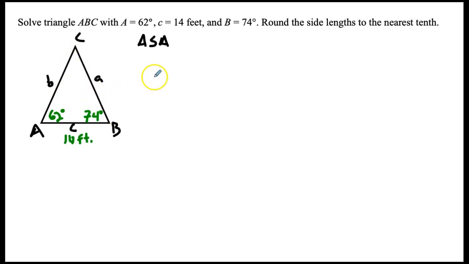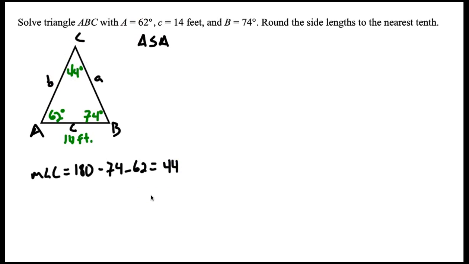So I can say first that the measure of angle C is going to equal 180 minus the other two, minus 74 minus 62, and that will get me 44. So angle C here is 44 degrees, and we already have one part done.